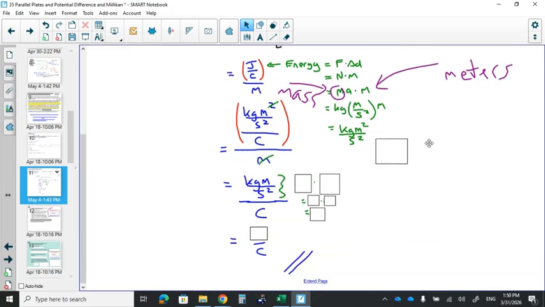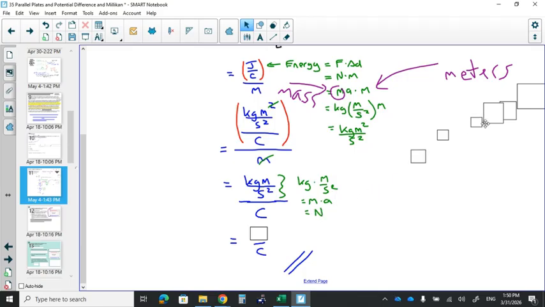And so that just gives us kilograms meters per second squared. And if you analyze that, kilograms meters per second squared is mass times acceleration, which is force. So it's newtons, right? So this, in fact, is completely equivalent to newtons per kilogram.